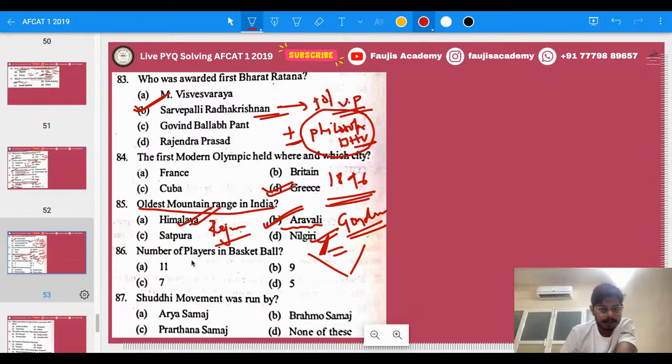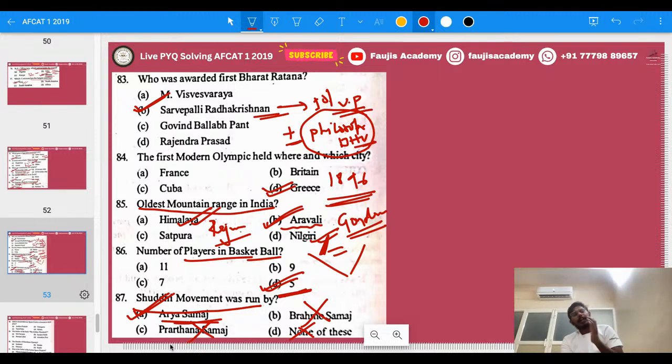All right. Number of players in basketball. How many players are there in basketball? 86. Number of players on each side will be 5. Shuddhi movement was run by, neither Brahmo Samaj nor Prarthana Samaj. It was started by Arya Samaj.